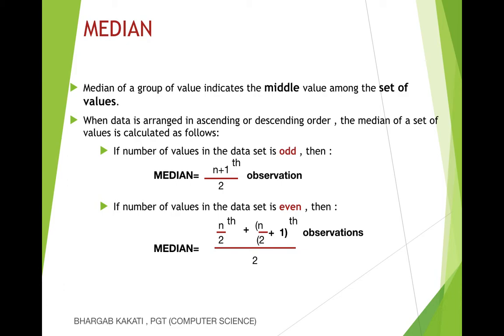That means if the number of values in the data set is even, then you have to find the mean of the (n by 2)th and (n by 2 plus 1)th observations.